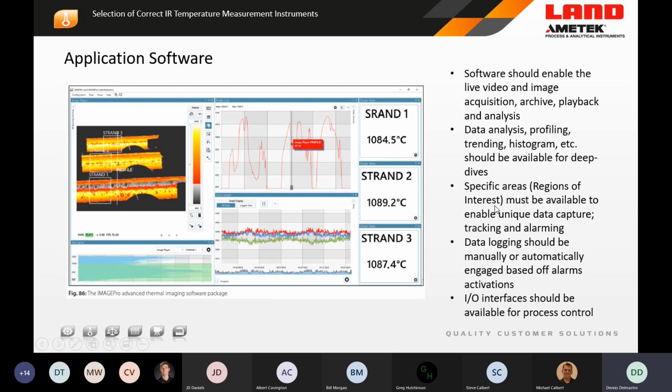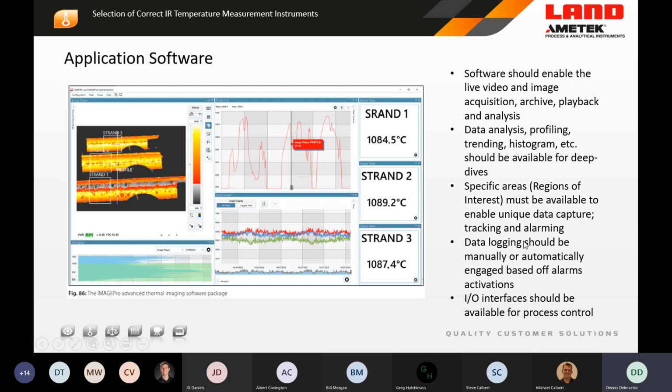Specific areas, or what we call regions of interest, need to be available to enable unique data capture, tracking, and alarming. It's a little tough to see, but there's a square here or a line. These are what we call regions of interest. You can drill down into specific areas of the entire thermal image that you're getting.